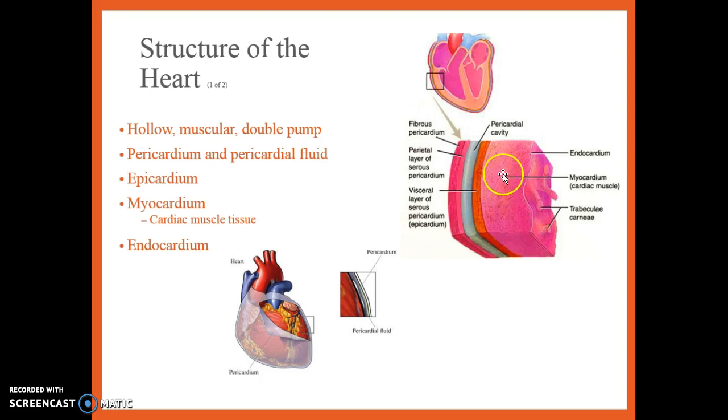Then you have the myocardium, the muscle tissue that is the bulk of the heart. And on the inside of the heart, of those hollow cavities within, you have the endocardium. Endo means in, myo means muscle, and epi means outside or surface. Those are some hints to help you remember what they are.